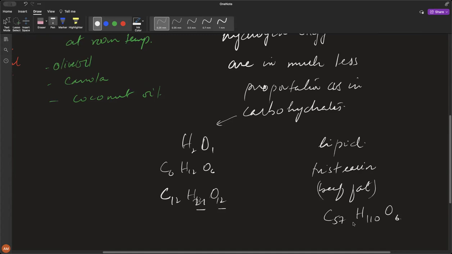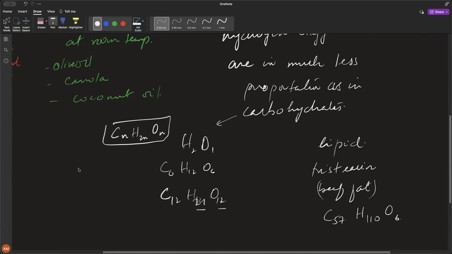Okay. So unlike carbohydrates, where we saw that there is a general formula, for lipids there isn't any general formula as such because the proportion varies. You understand? Basically, for carbohydrates, the general formula was Cn(H2O)n, right? This was our general formula for carbohydrates.